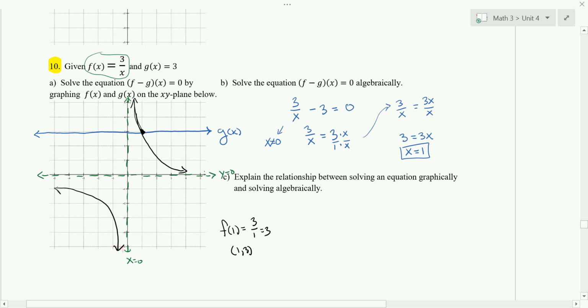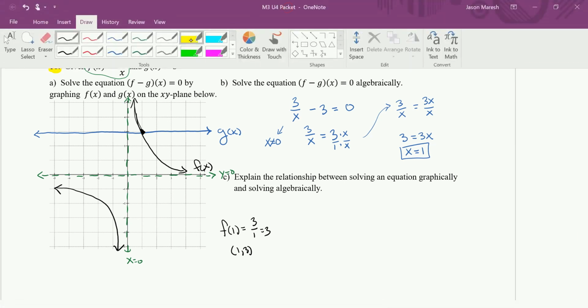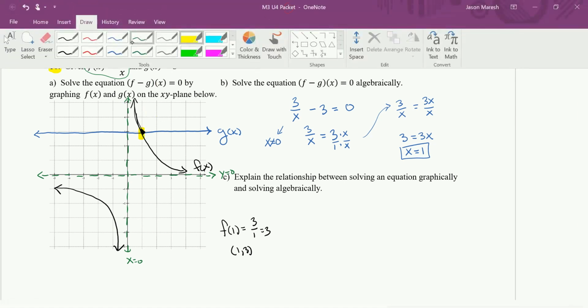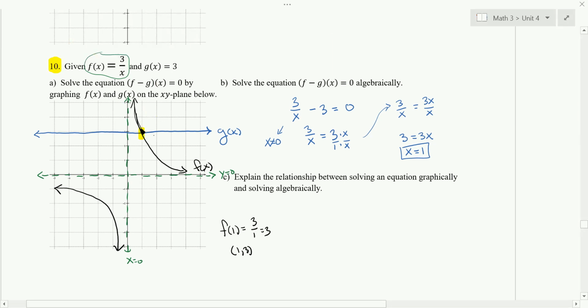And this. That's our f of x. When you're solving by graphing, you're looking at where the two graphs cross. And so we see that point is happening at the point 1, 3.